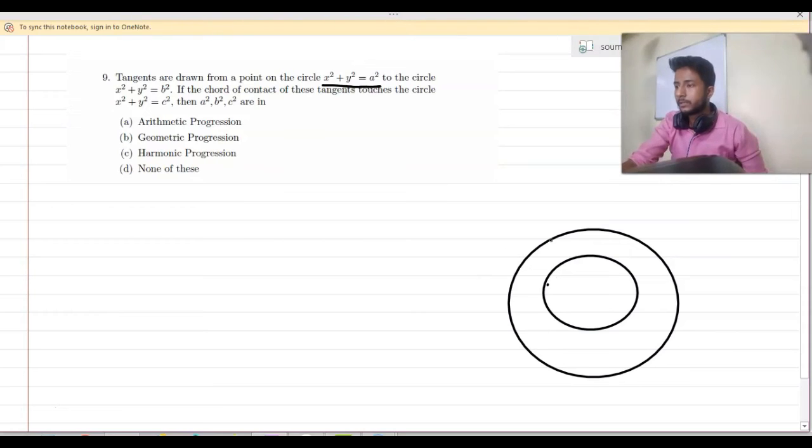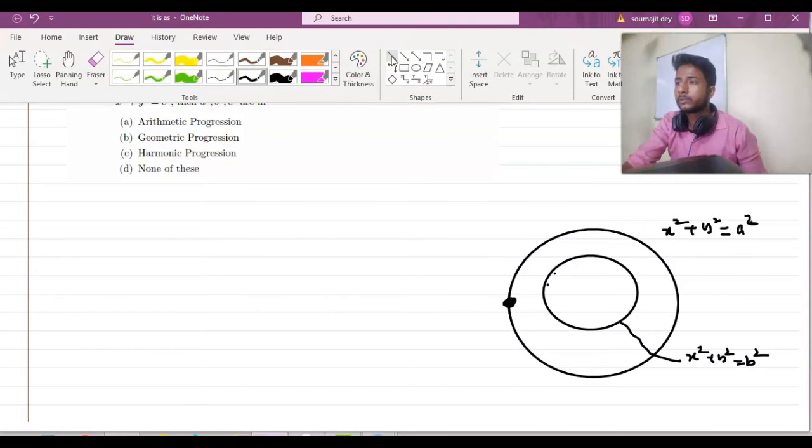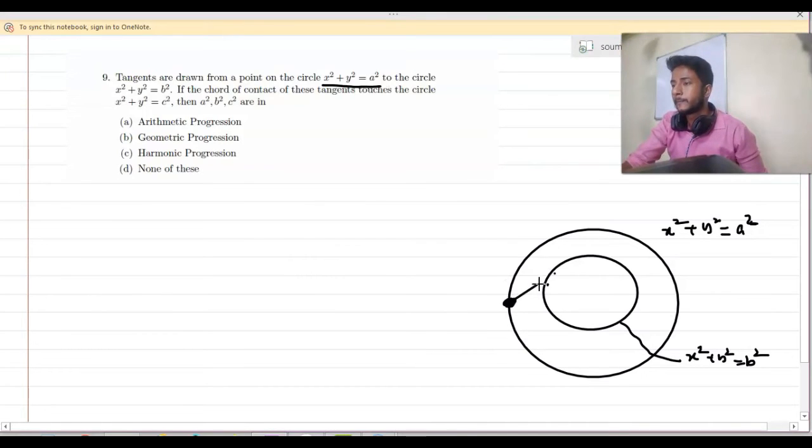Before drawing circle number 3, I am saying that this is x square plus y square equal to a square, and this is x square plus y square equal to b square. So we have to draw tangents from any point of this circle to this circle. So I am taking any point of this circle here. I have to draw two tangents from this point to this circle. So I am drawing two tangents.